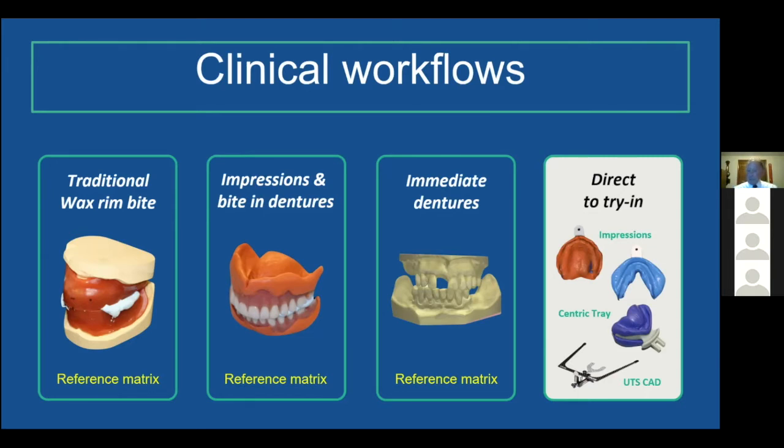Impressions in a denture, you've got the patient's existing dentures. It's a wonderful reference to start the placement of the teeth. Immediate dentures, the same thing. Even if the patient's got one tooth, it's amazing how much help that is in starting the process of designing where to put the teeth.